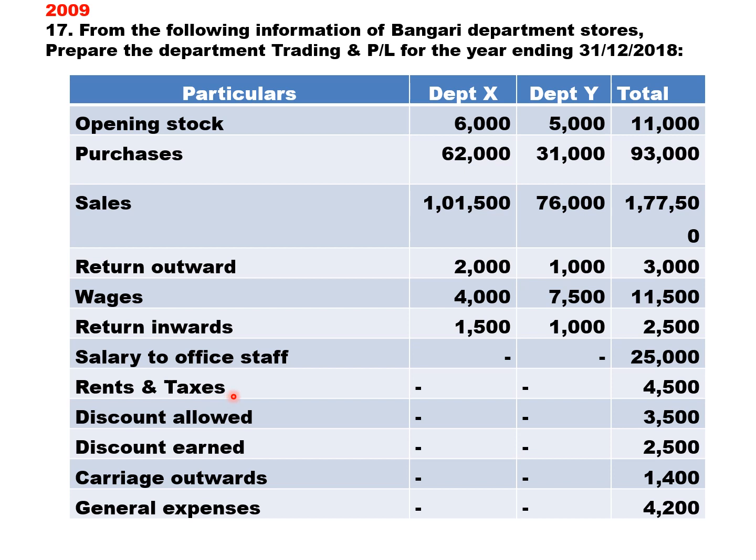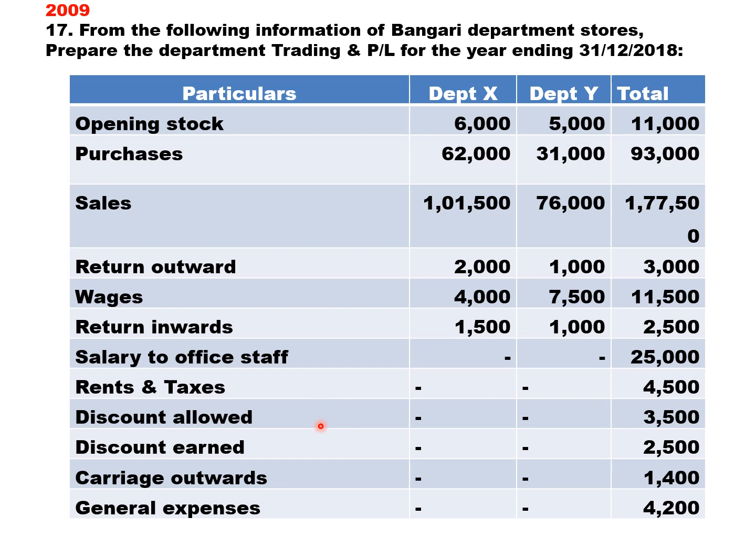So students, salary to staff to be distributed in 8:12. I mean, you need to distribute in the ratio of number of staff given in adjustment number 1. Rent and taxes to be distributed on the basis of area occupied given in adjustment number 2.